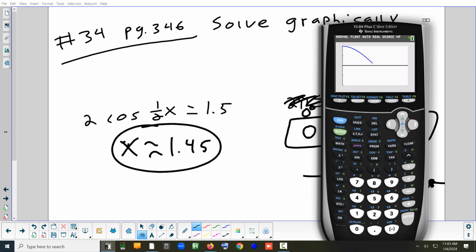Because you change the window and you change the mode, you're going to get the same picture. But we're not going to get the same answer. This is an answer in radians. Now if we do it, we're going to get an answer in degrees. So second, calc, intersect. And sometimes when you do it in degrees, you get a nice answer. Where radians sometimes gives you kind of a messy answer. Let's see. Well, I still didn't get a nice answer. It's 82.82.